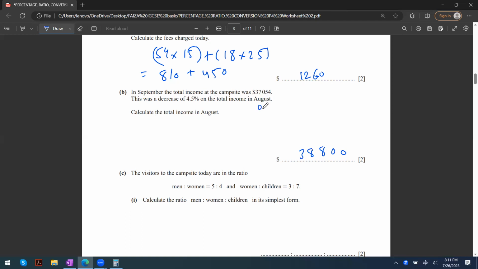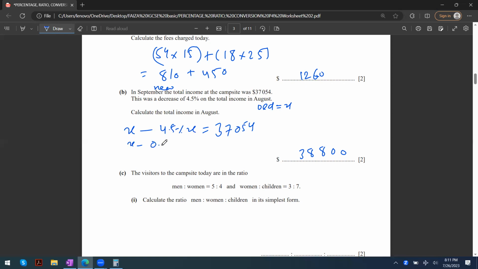August is the old price, and September is obviously the new price. So let's suppose the old one, August, is X. So X minus 4.5% of X, because there was a decrease, gives us the new 37,054. What is 4.5%?